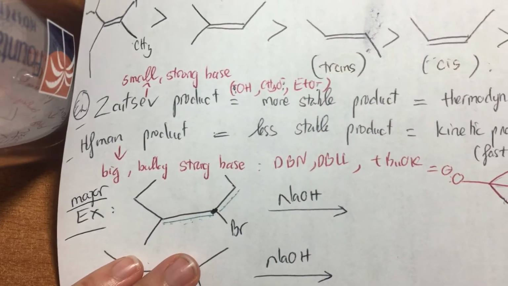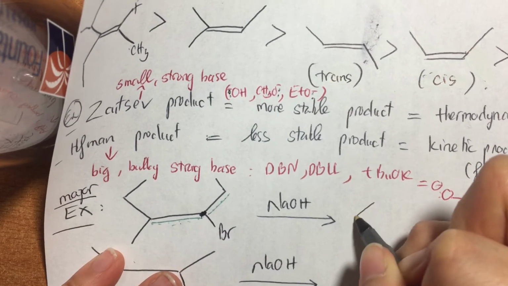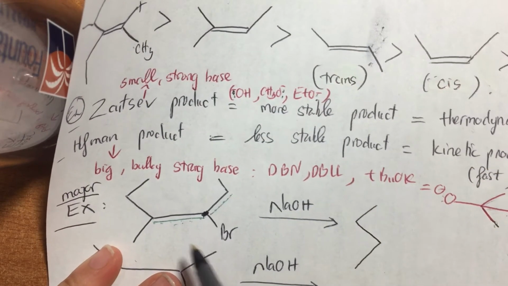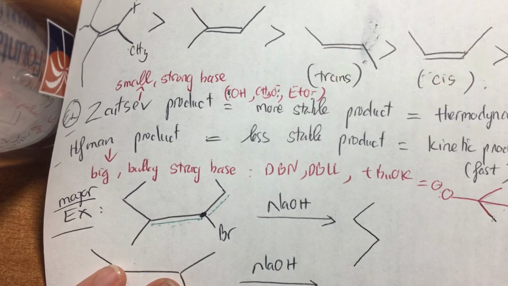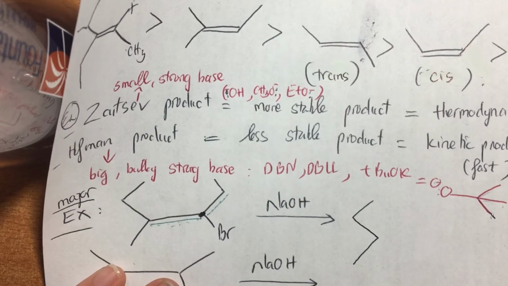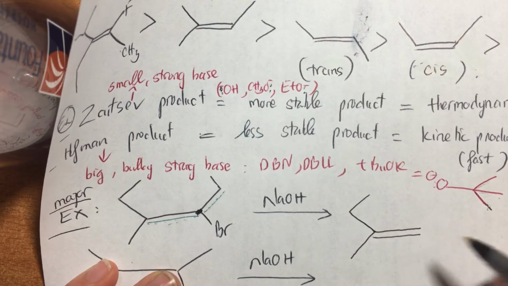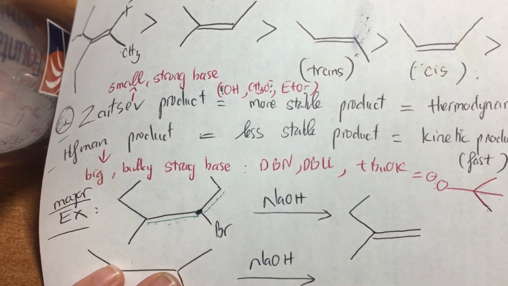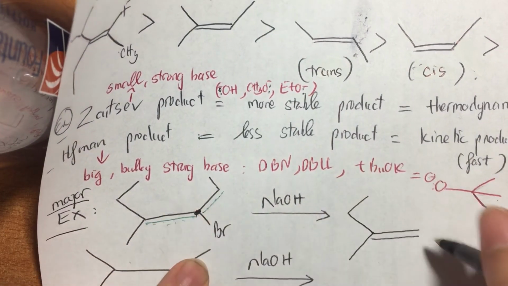So my Zaitsev product will be formed, and for sure I know it gives me the Zaitsev product. But also you want to consider that trans is more stable than cis. So in this case, if I have my double bond forming right here to make a tri-substituted product, I also want to flip this down.